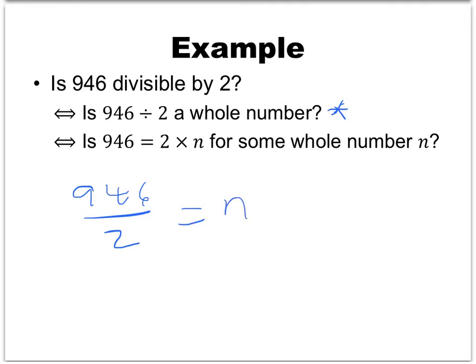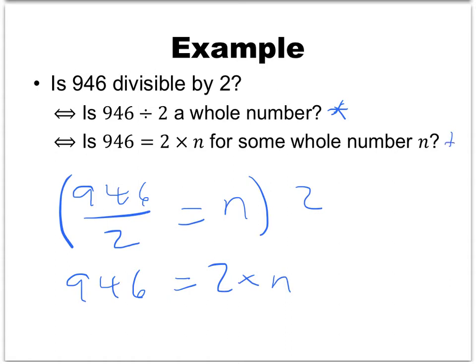So let's give that number a name. Let's call it n. And so now if we rewrite this, we can multiply both sides by 2 to get 946 equals 2 times n. And that's just exactly what we have here in this third expression. And so those two ideas really are equivalent.